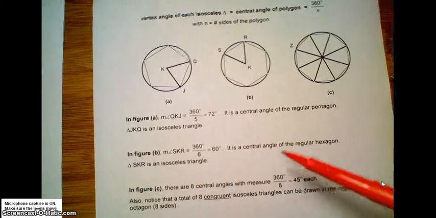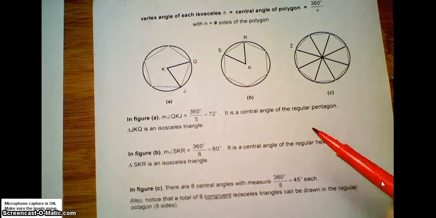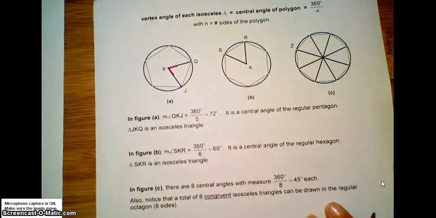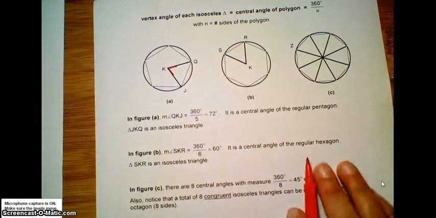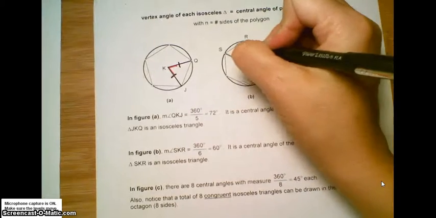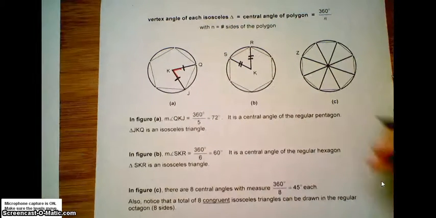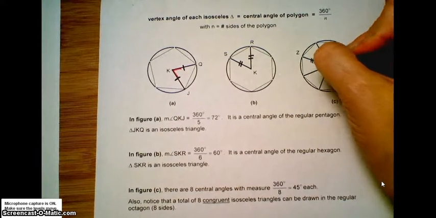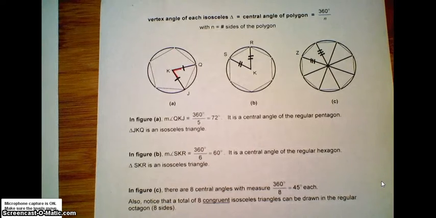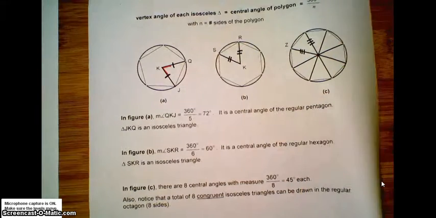Each of those central angles is the vertex angle of an isosceles triangle. In fact, let's mark that each of these is an isosceles triangle.